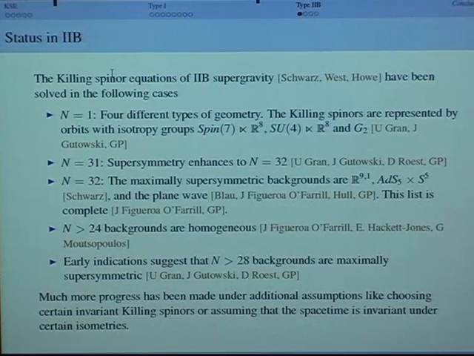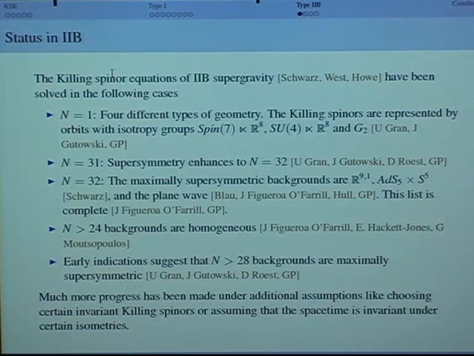And recently there has been a paper by Jose Figueroa-O'Farrill, Hackett-Jones, and Papadopoulos, where they show that backgrounds with more than 24 supersymmetries are homogeneous. Now we have some early indications that backgrounds with more than 28 supersymmetries are actually maximally supersymmetric, but we haven't confirmed this as yet.